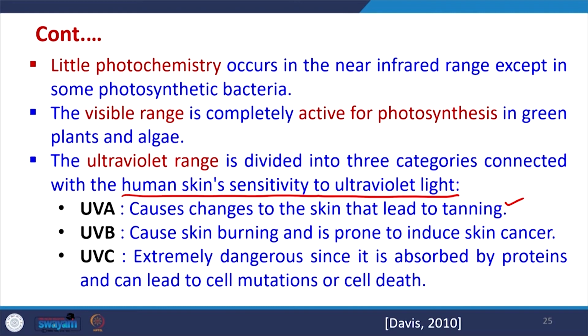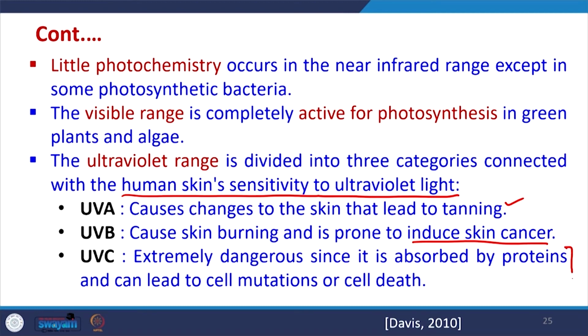Now, UVB causes skin burning and is prone to induce skin cancer. So, if we are exposed to UVB intensity, skin cancer may happen. UVC is extremely dangerous because it is absorbed by the proteins and can lead to cell mutations or cell death, and very quick skin cancer and that type of problems may happen.